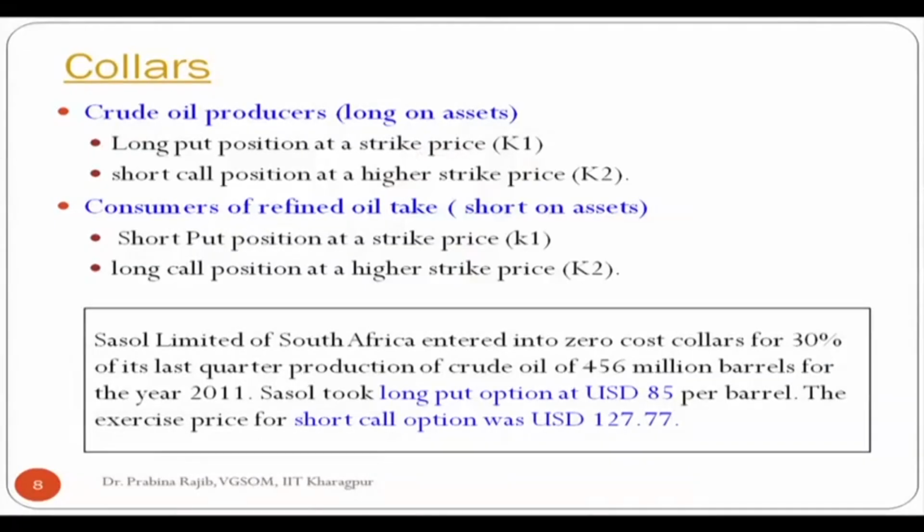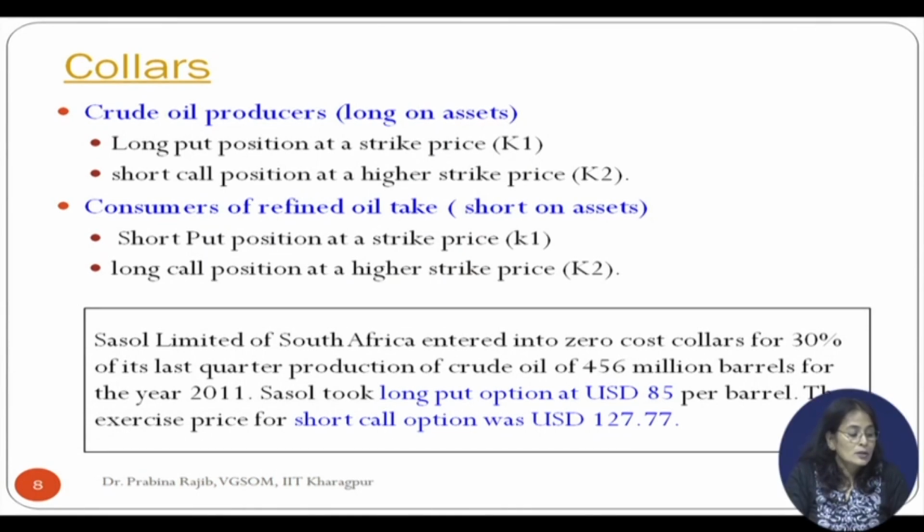So now let's focus on how a crude oil producer can mitigate its risk. Please see this small information given in the text box. Sasol Limited of South Africa entered into a zero cost collar for 30% of its last quarter production of crude oil of 456 million barrels for the year 2011.